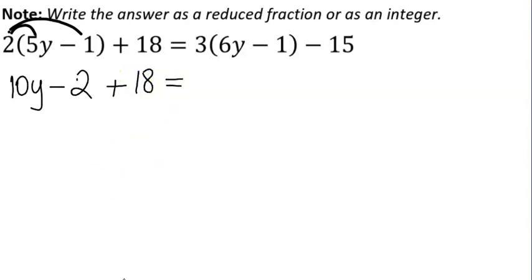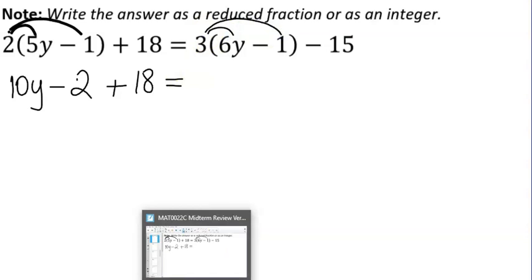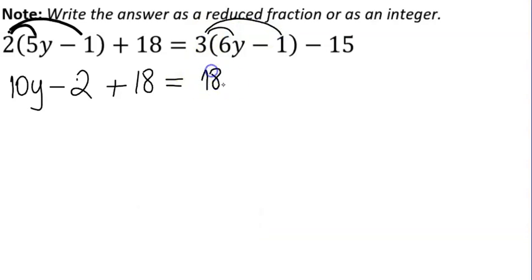Here, another need of a distributive property. Okay, so let's do the next side. Distributive property is also necessary here. So here will be what? 18y minus what? 3 minus 15.